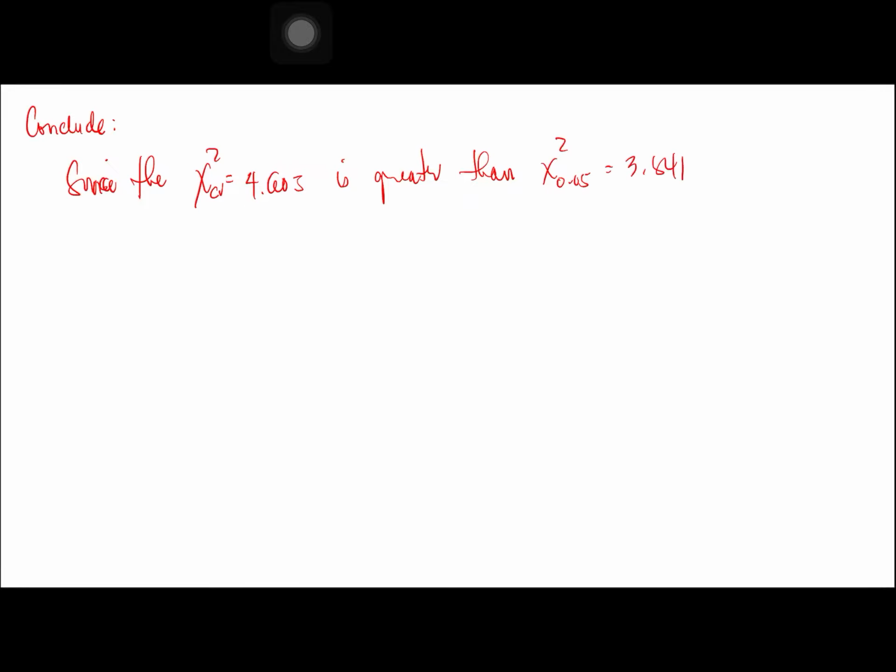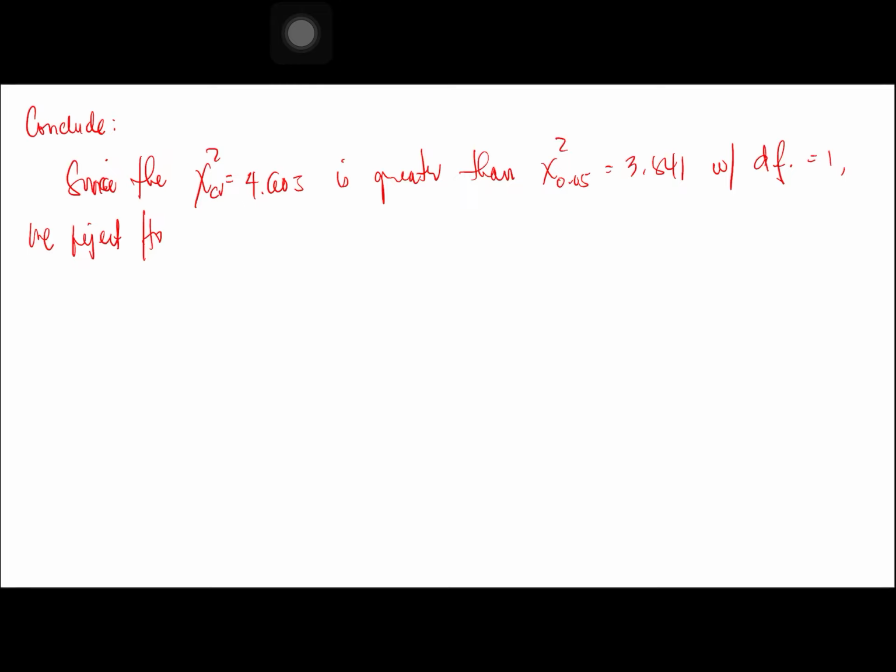So here we can conclude: the computed value of chi-square, 4.603, is greater than our chi-square at 0.05, that is 3.841, with degrees of freedom equal to 1, so we reject H0.